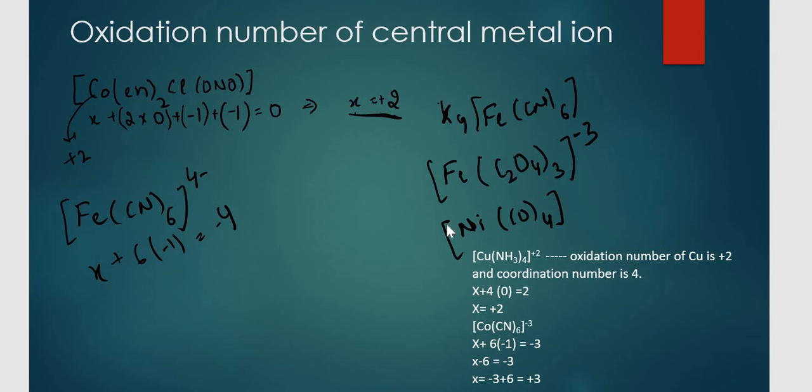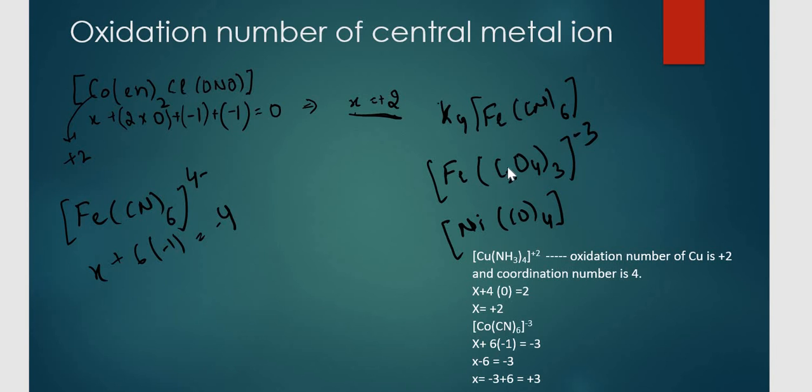Just try to do these 3. Try to find out the oxidation number of iron and nickel here. Nickel you will find as 0 because CO is 0. So X plus 4 multiplied by 0 is equal to 0, so nickel will come as 0. Here C2O4 is a bidentate ligand, so 2 multiplied by 3.